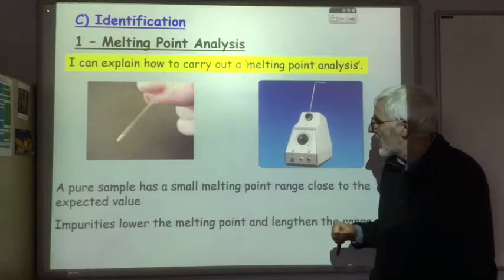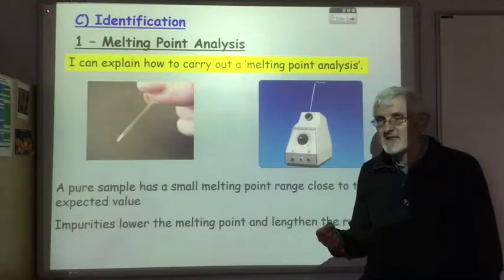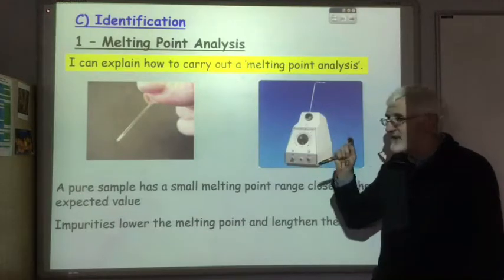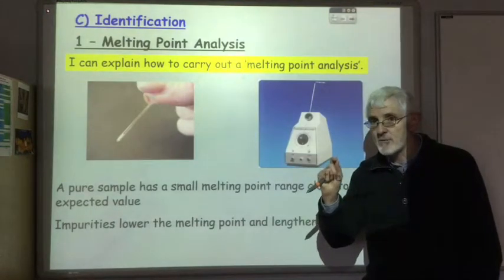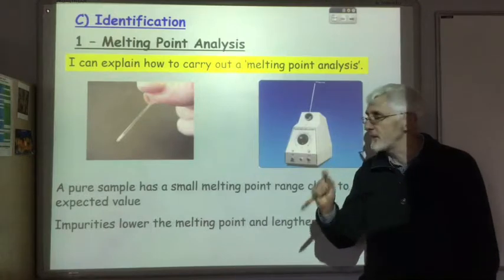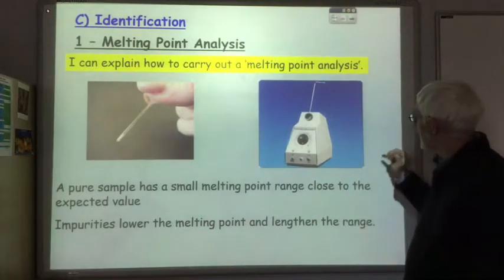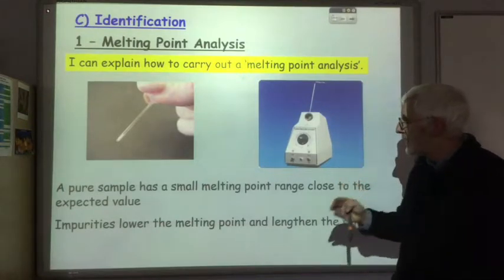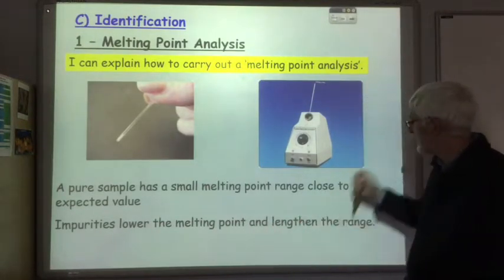Now, when carrying out melting point analysis, it's crucial that the temperature is rising very slowly at the critical point round about the melting point. If you have the temperature rising too quickly, you get an effect very similar to this.